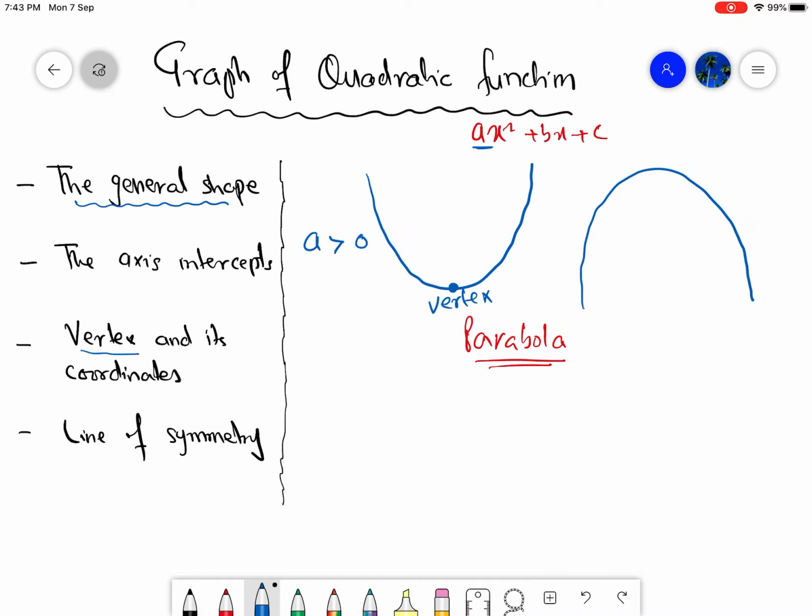In this case, we can say that the curve has a minimum point, and this minimum point occurs at the lowest point of the curve. So there is a concept of minimum and maximum related to the general shape of the curve. If a is greater than 0, then the vertex will be the minimum point.